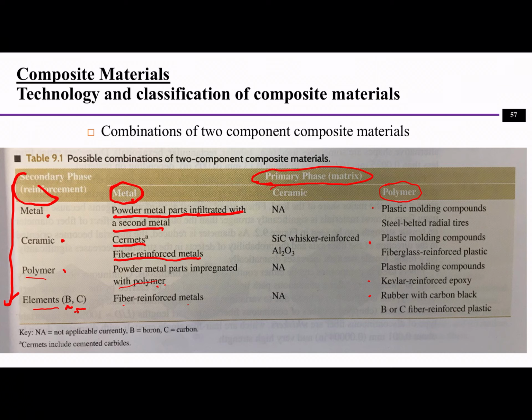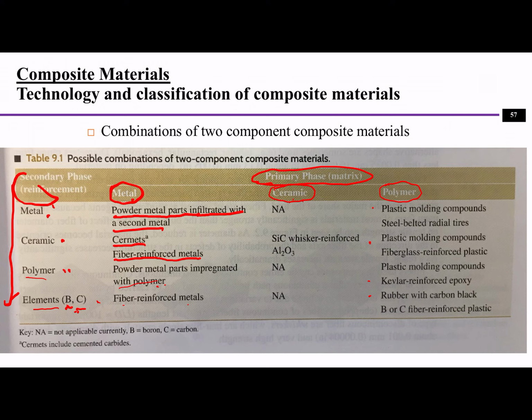But ceramics has a very stable structure and is very well condensed, so it's a little bit hard to mix with other materials, for example, metals, polymers, and boron and carbon.